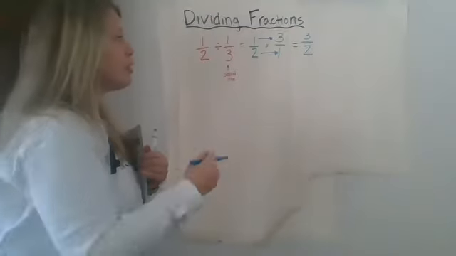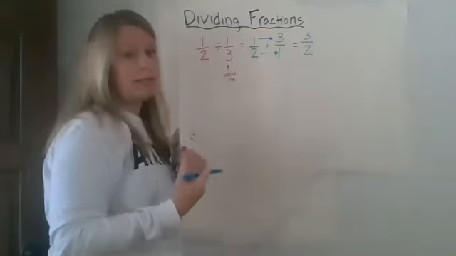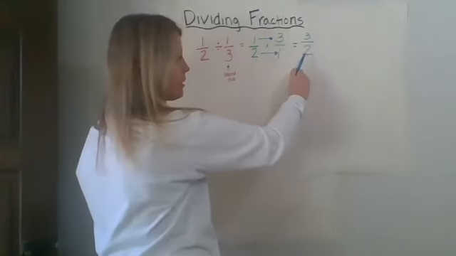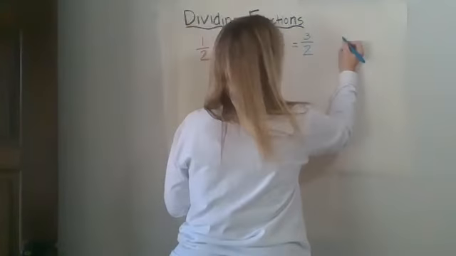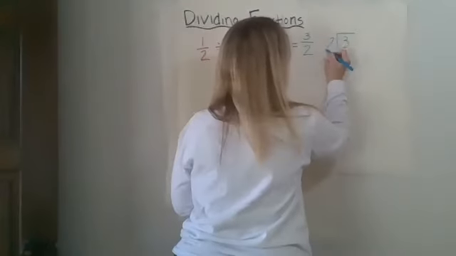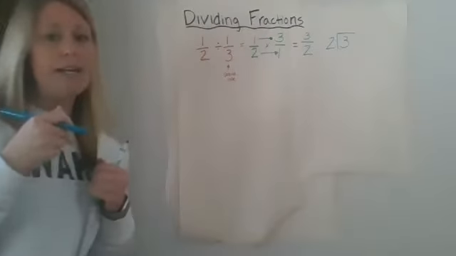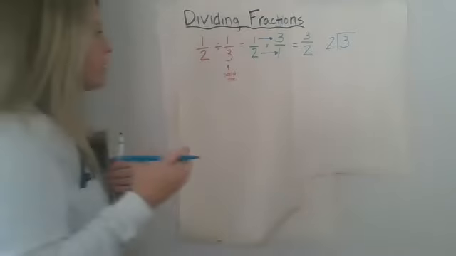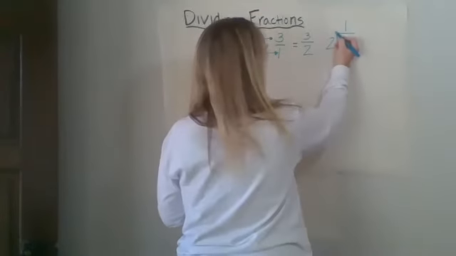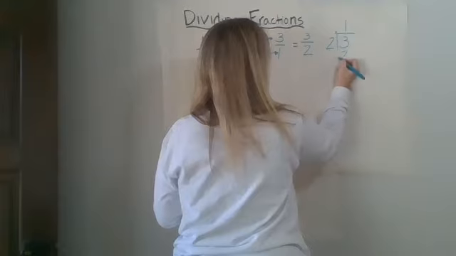So I need to change my improper fraction into a mixed number, which I know because this numerator is larger than the denominator. So I'm going to put the 3 inside the divisor house, and I'm going to divide it by 2. Some of you can see this right away. If you can't, it's totally fine. 2 goes into 3 one whole time. 2 times 1 is 2.